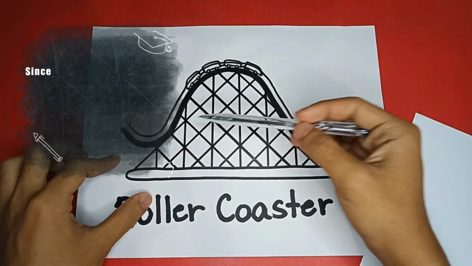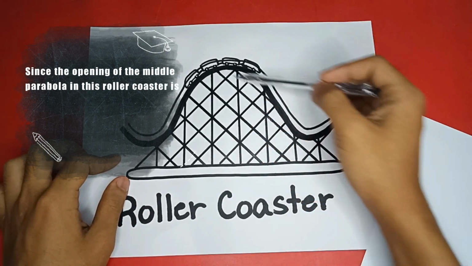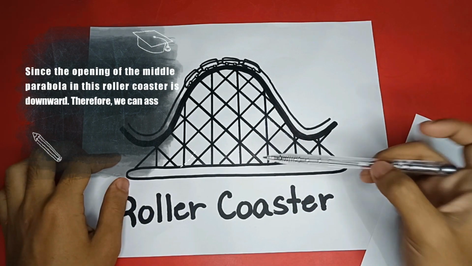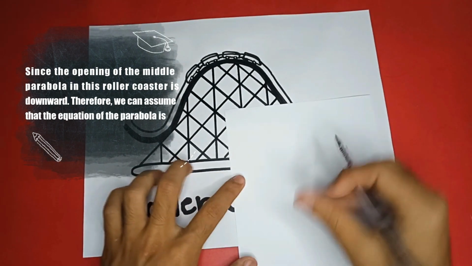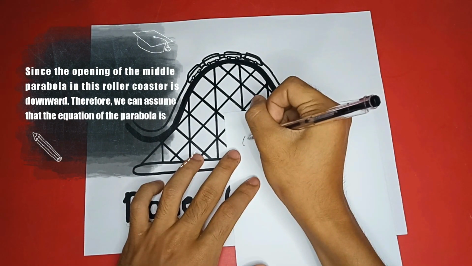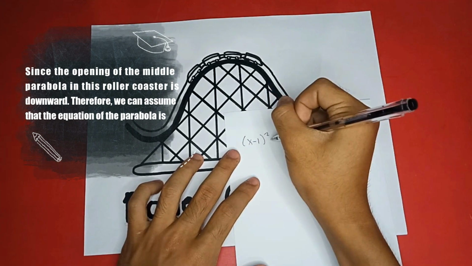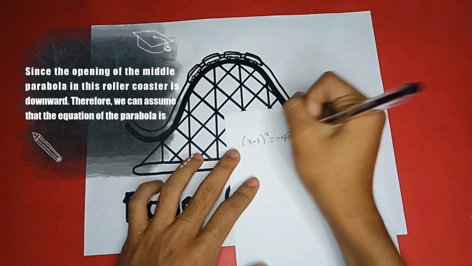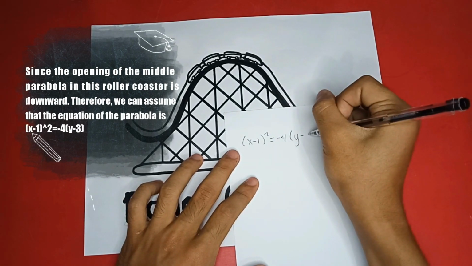Since the opening of the middle parabola in this roller coaster is downward, we can assume that the equation of the middle parabola is (x - 1)^2 = -4(y - 3).